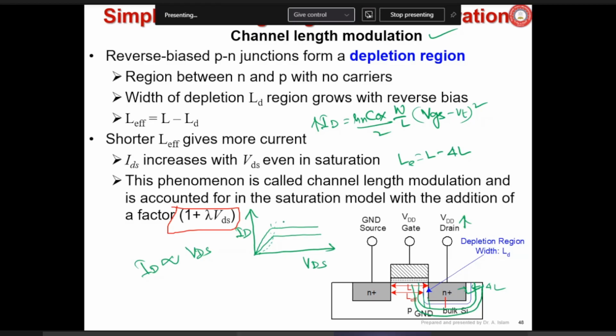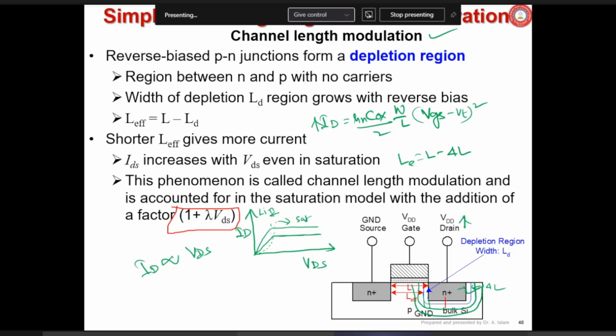This region is saturation, and this side is linear, as we have seen in the diagram earlier. So ideally it is constant, independent of V_DS. Ideally means when the MOSFET channel length is very large, say 20,000 nanometer or 20 micrometer.